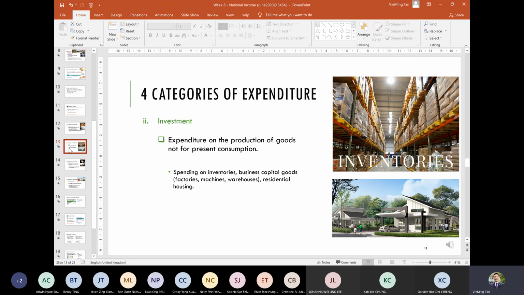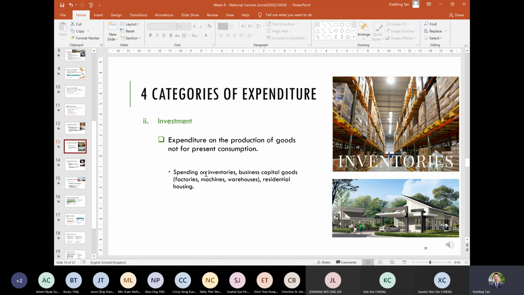Under the I, what are the business activities that we have to include? Investment here refers to the expenditure on the production of goods. These goods are not for present consumption, but will be used to produce more products in future. We call these the intermediate goods. What are the examples?